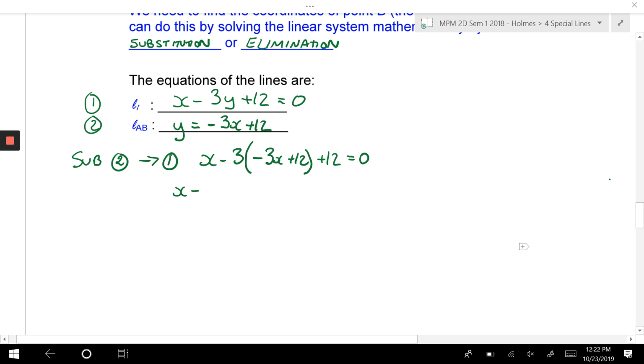I distribute my negative 3. Negative 3 times negative 3 is positive 9x. Negative 3 times 12 is negative 36. Plus 12 equals 0.